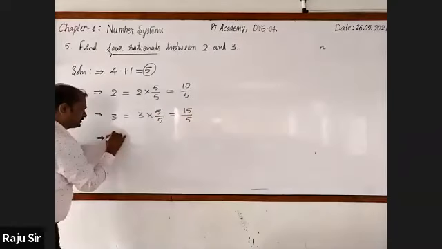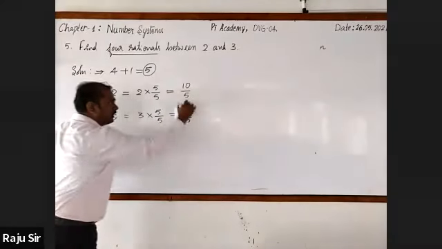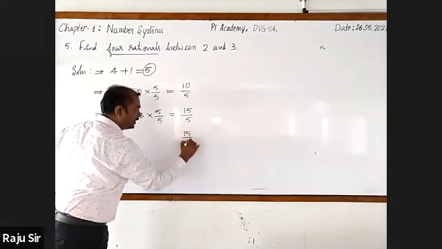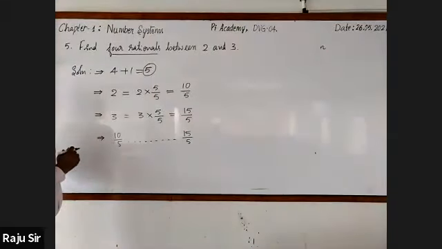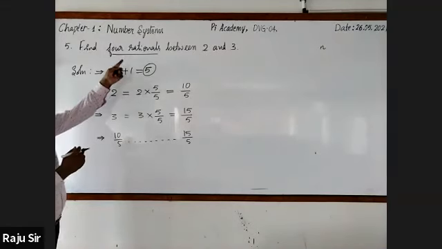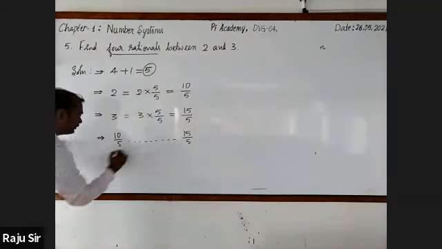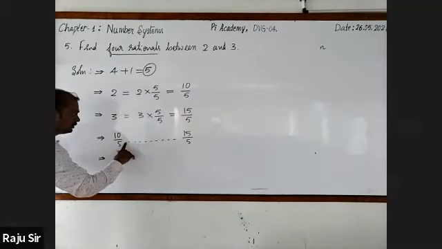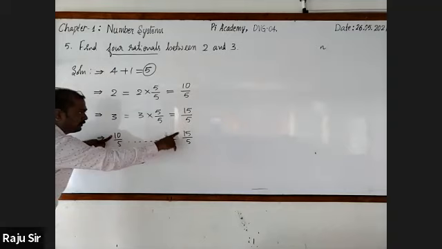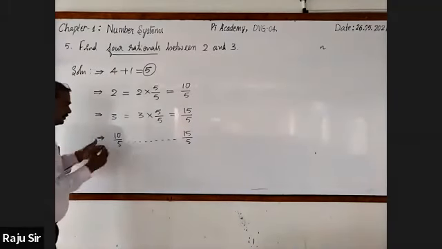In these two rationals, 10 by 5 and 15 by 5, we have plenty of rationals also. Let us write any 4 between these two. All right. Observe. Here 10 by 5 is there. Here 15 by 5 is there.